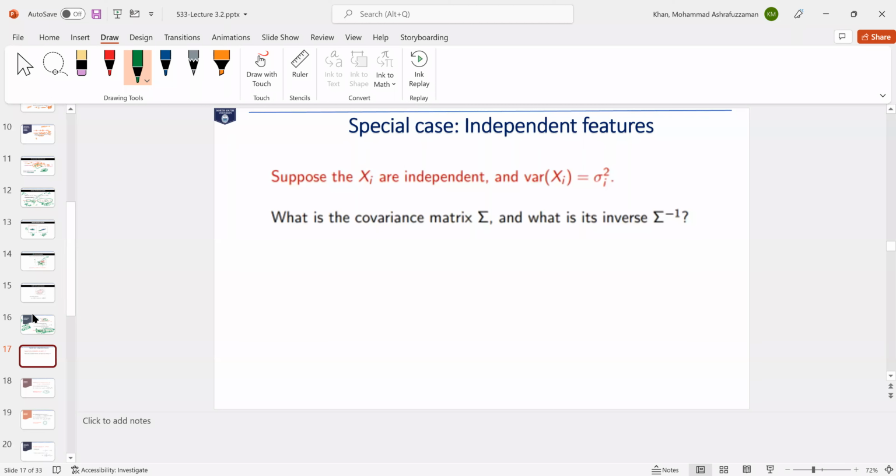So one special case here: the xi are basically features. Suppose the features are independent and they have different variance values. Then what will be the covariance matrix, and what is its inverse?